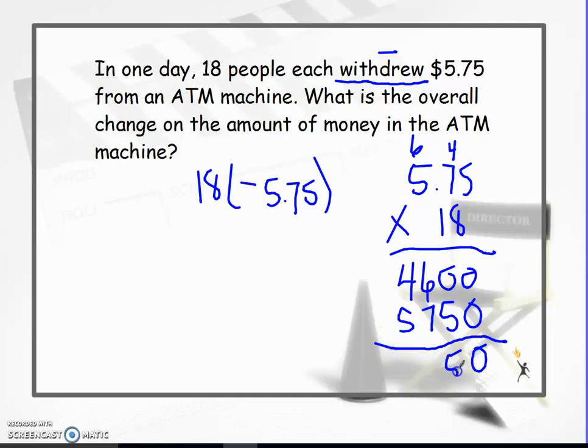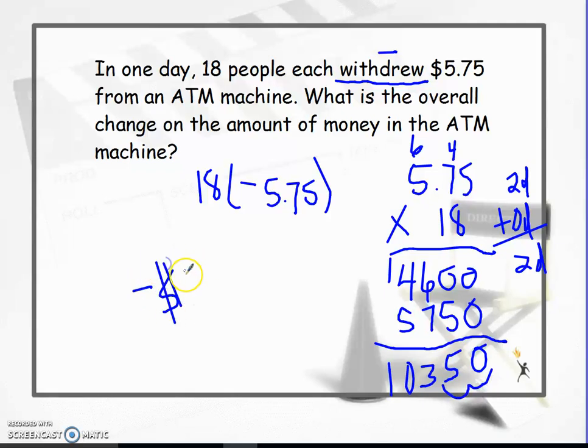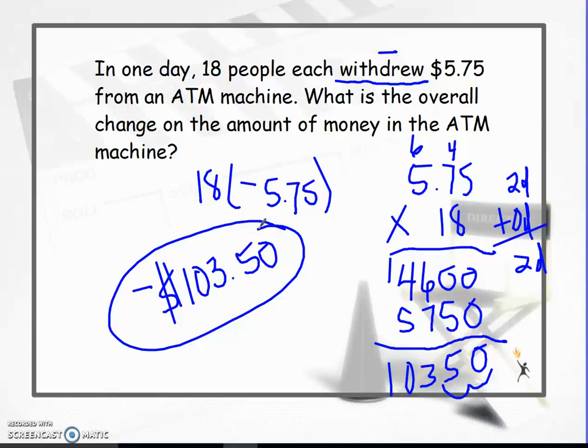We got 0, 5, 13, 10. 2 decimal places plus 0 is 2. So we hop it over, and we have $103.50, or they withdrew $103.50.